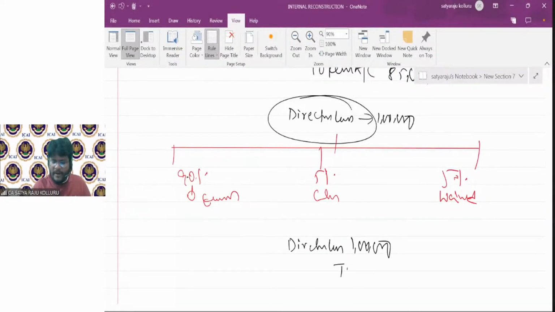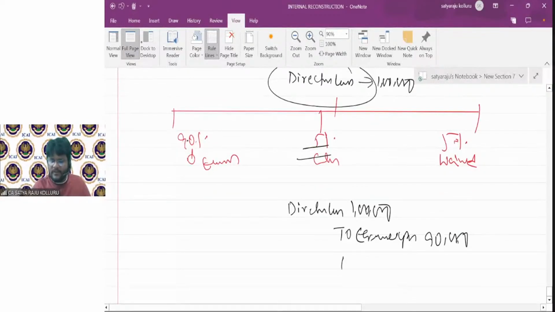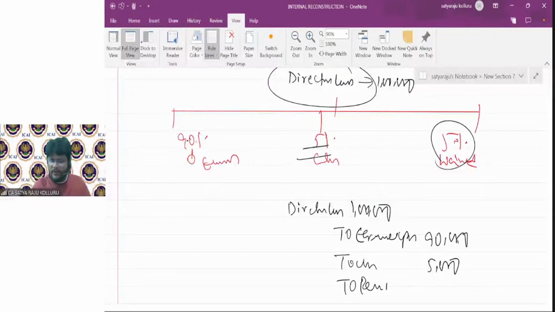To the extent of 90% issuing the equity shares, that's why equity share capital 90,000. For the 5% in cash, that's why to cash 5,000. The remaining 5% being waived means to reconstruction account 5,000. So the entry is director's loan to equity share capital, to cash, to reconstruction account.